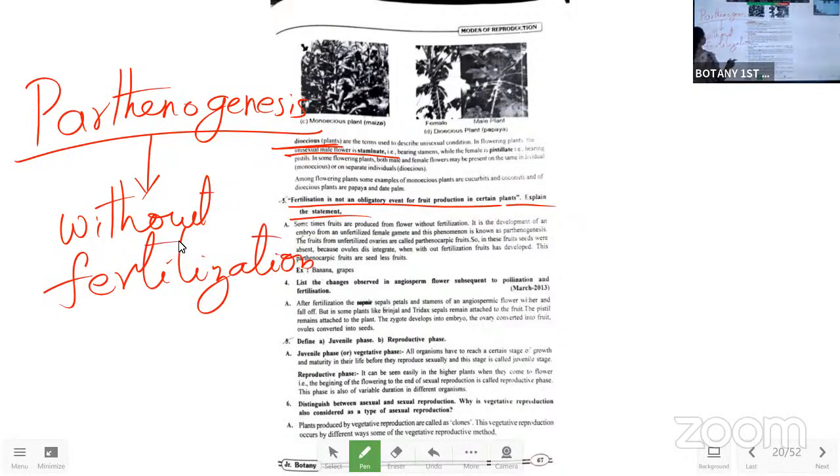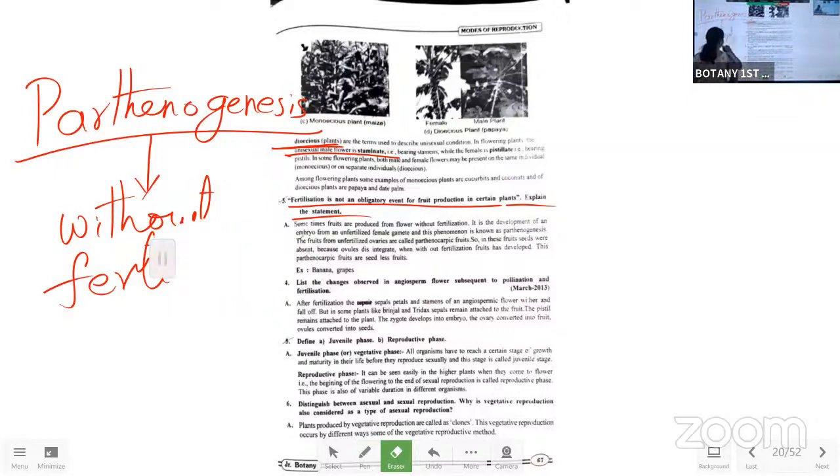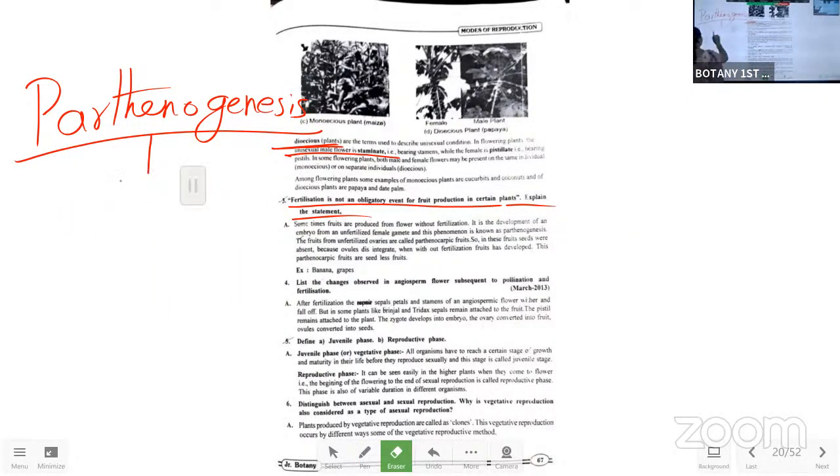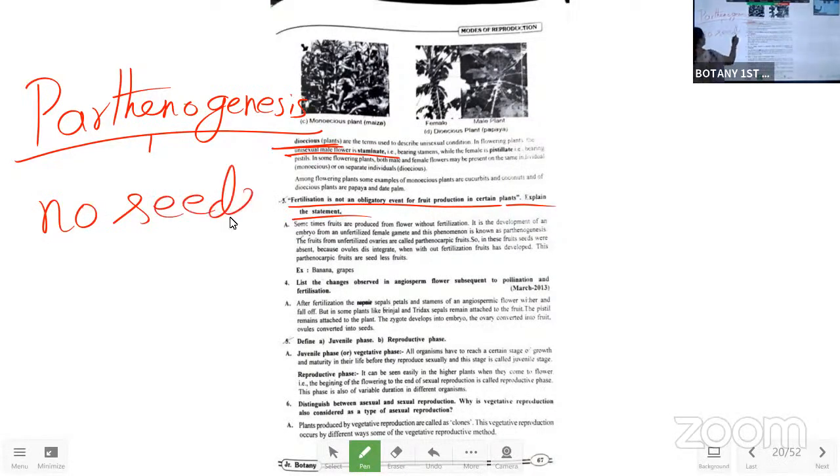The male gametes and female gametes never fuse. So when they never fuse, the ovules cannot turn into the seeds. So the parthenocarpic fruits do not have seeds. We'll call them seedless fruits.